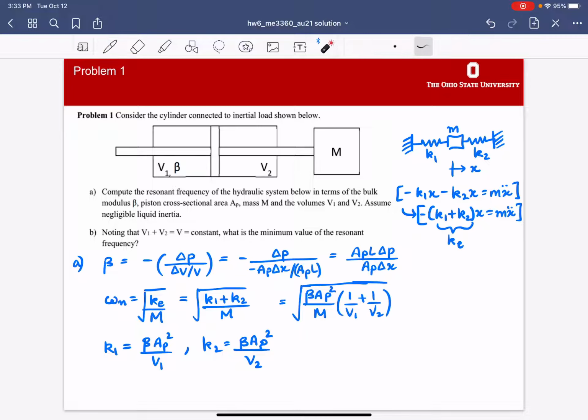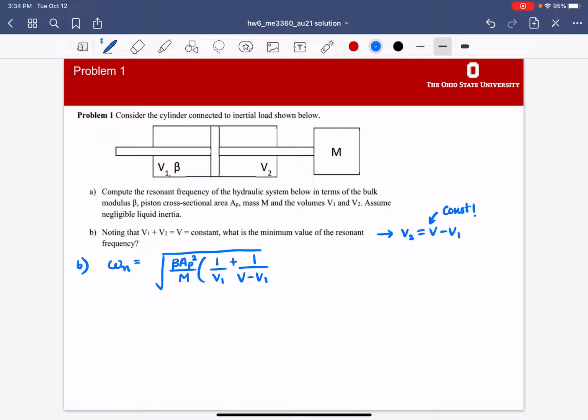We can use the relationship that they have given here, that V2 can be written as V minus V1, and this V here is a constant. So we have an expression that looks something like this: one by V1 plus, now V2 I'm writing as V minus V1.